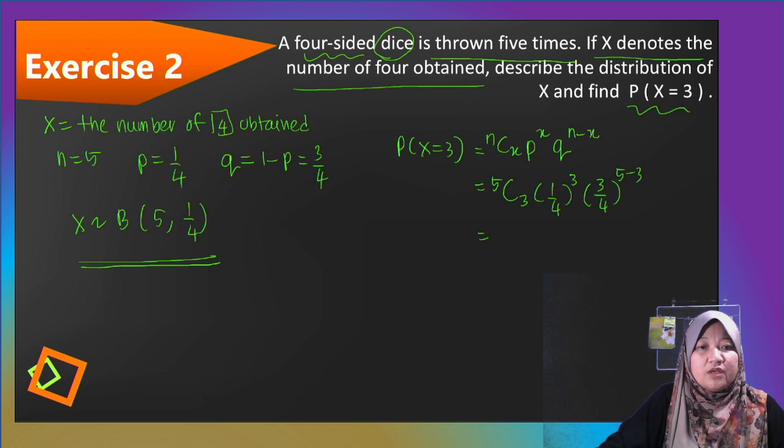So, use your calculator. We have 45 over 512 or 0.08789.